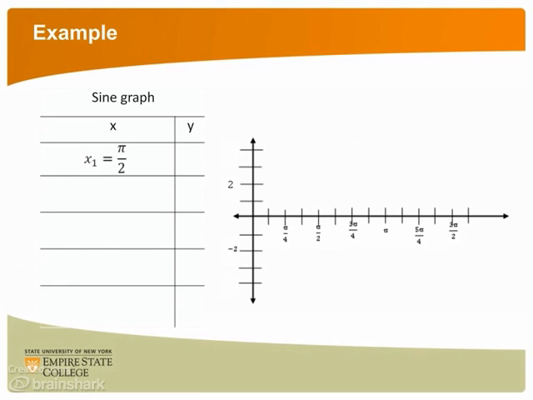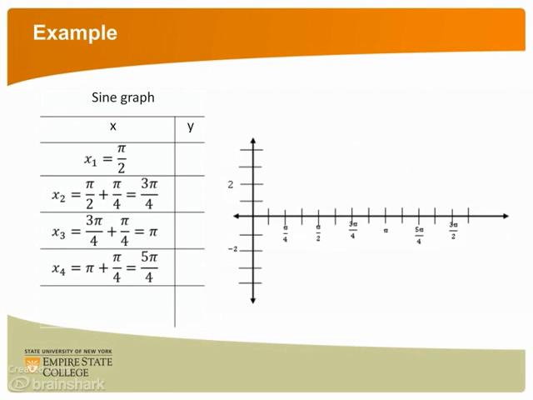The first is simply the phase shift, or pi over 2. The next x value is our first plus the increment value. We have pi over 2 plus pi over 4, which simplifies to 3 pi fourths. We add pi divided by 4 to our previous x value, which simplifies to pi.